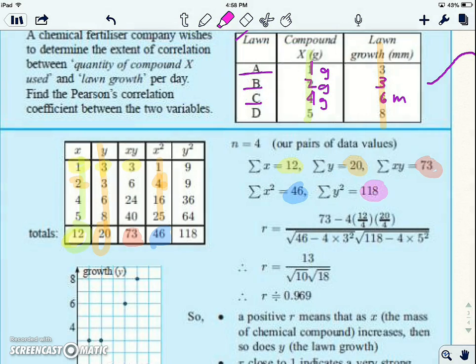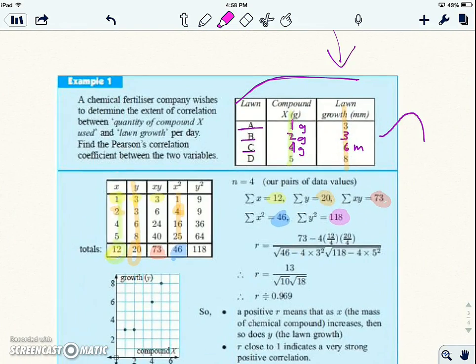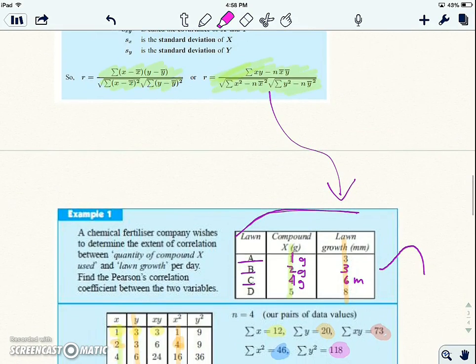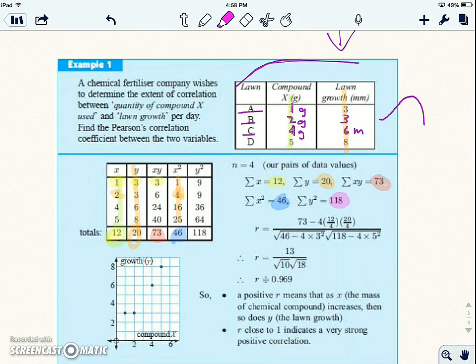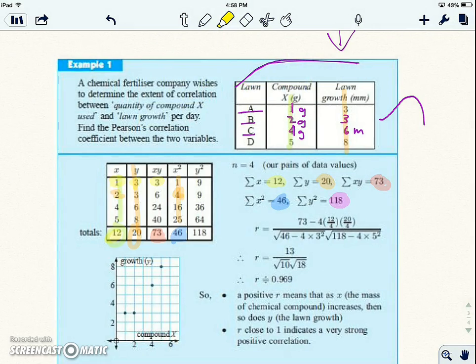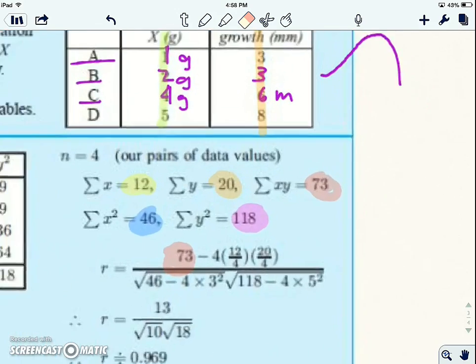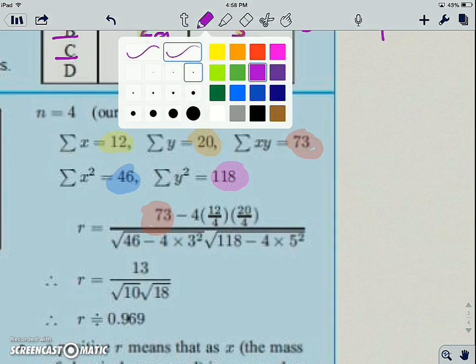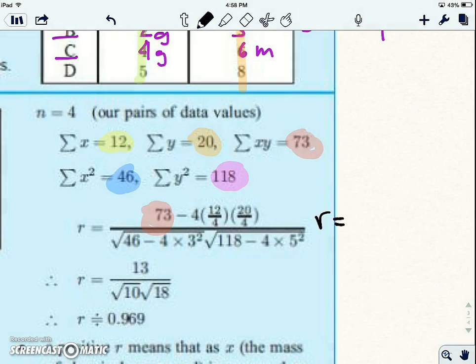And what they have you do is just fill in the formula. So the formula says the sum of X and Y, so 73, minus N. Let's see if we can work backwards on this formula. R equals, well, 73 must have been the sum of X and Y minus, well, N was 4.